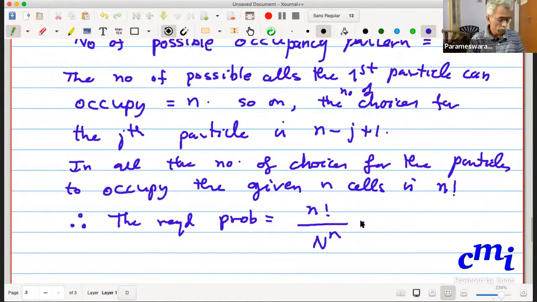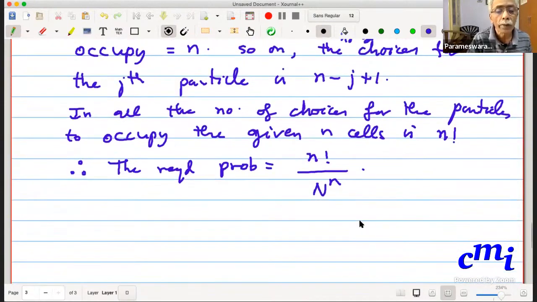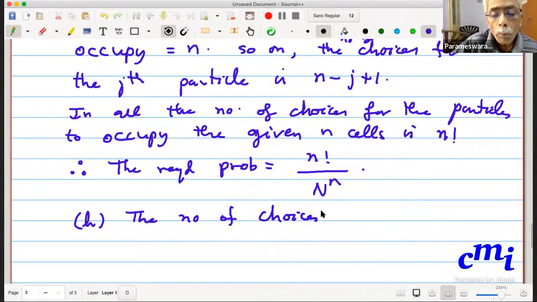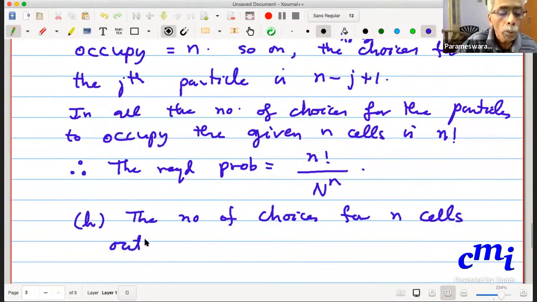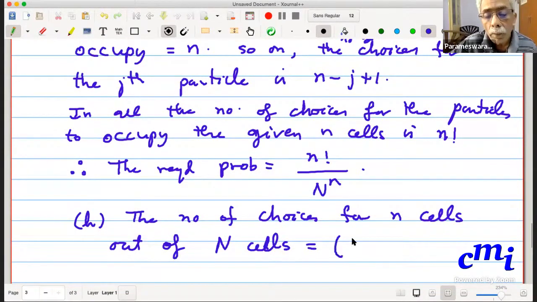Now for the second problem, B. If you fix the number of choices for n cells out of capital N cells, it equals N choose n.